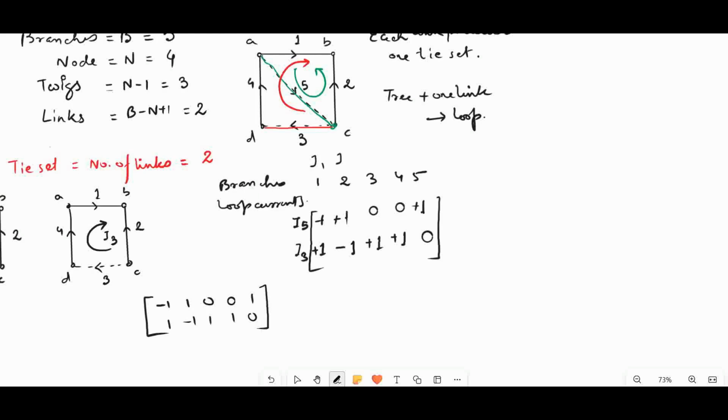So let us name it as J1, J2, J3, J4, J5. Then accordingly we'll just write down the corresponding equation with respect to I3 and I5.